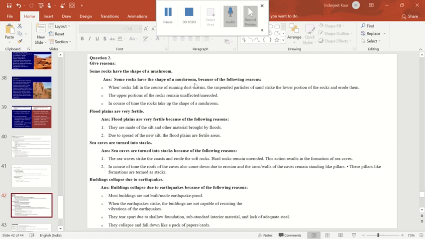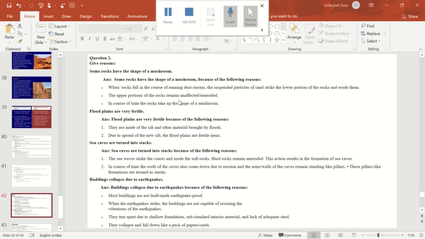Some rocks have the shape of mushrooms because when rocks fall in the course of a running dust storm, the suspended particles of sand strike the lower portion of the rock and erode it. So, whenever there is a running dust storm, and a rock comes in between that course, the dust particles of the storm strike the lower part of that rock and erode it.